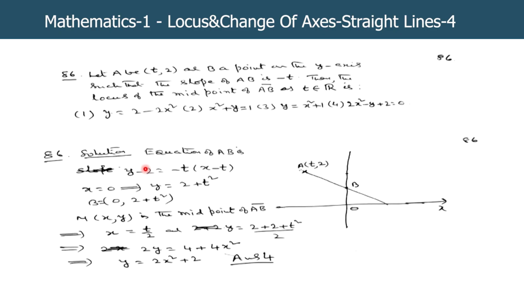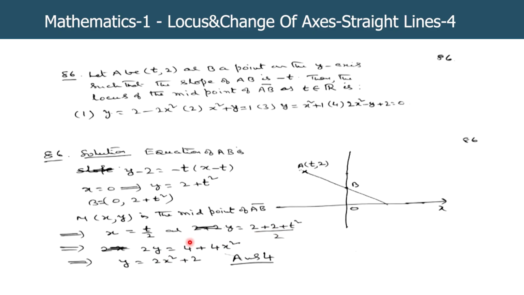So the equation of the line AB is y - 2 = -t(x - t). Now x = 0 implies y = 2 + t², so B is (0, 2 + t²). So if M(x, y) is the midpoint of AB, then x = t/2 and y = (2 + t²)/2.